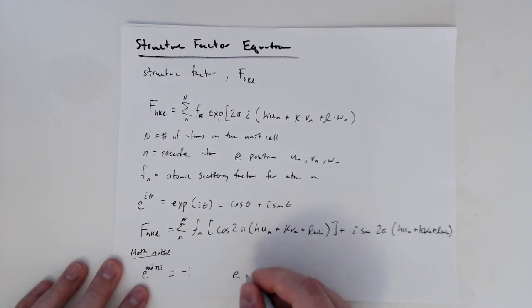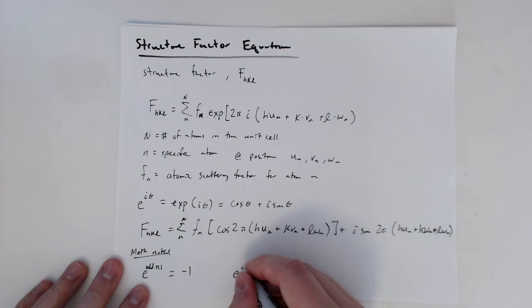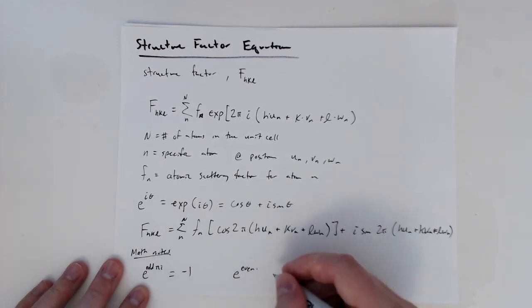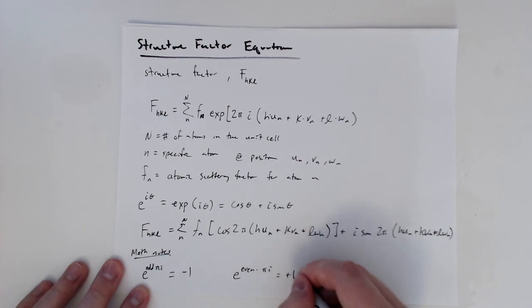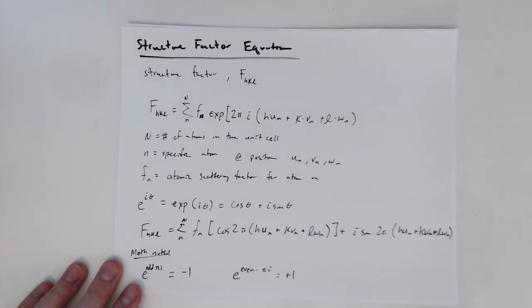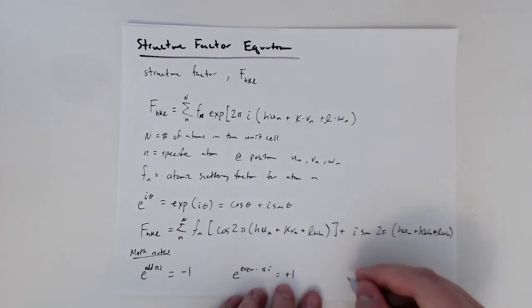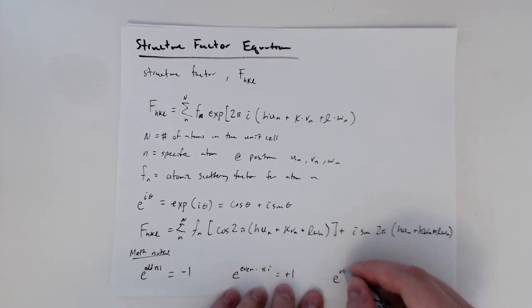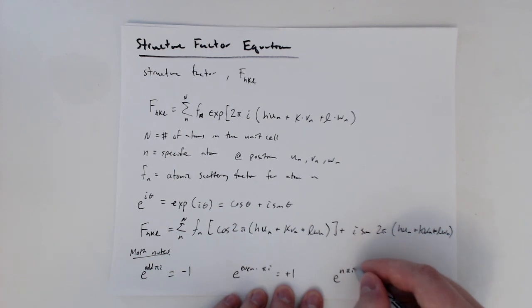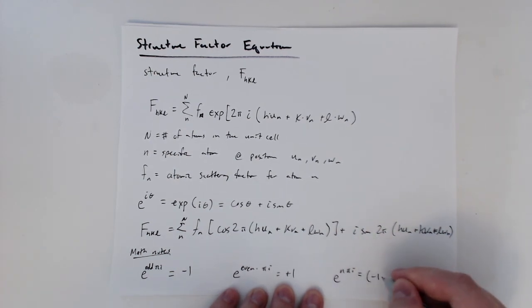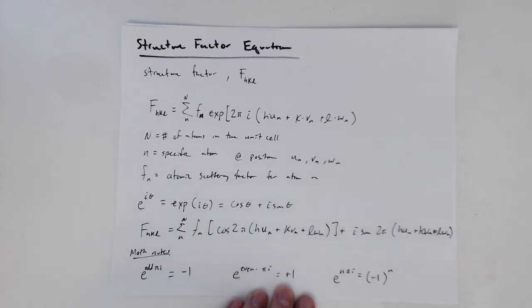And if we have an even number times pi i, then this is a +1. We can formalize that by saying that the exponential of n pi i is equal to -1 raised to the power of n.